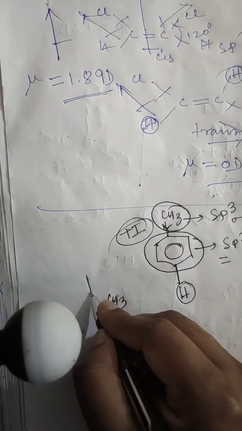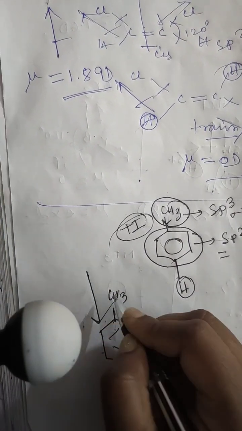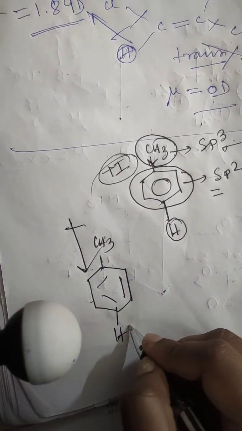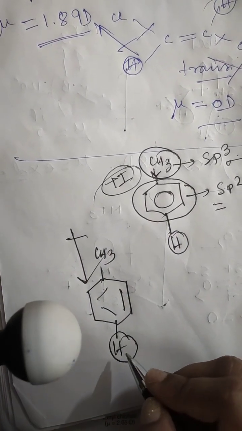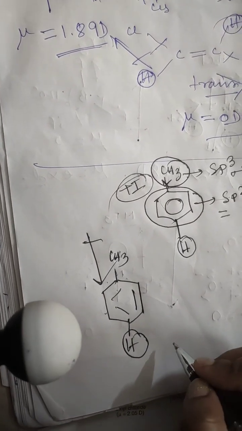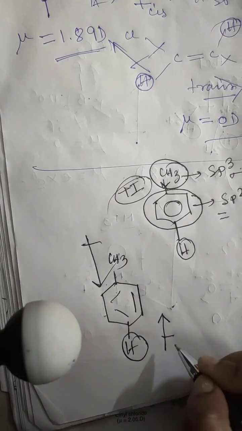That's why its dipole moment goes in the downward direction. And our hydrogen is also electropositive, and its dipole moment shows the upper direction.